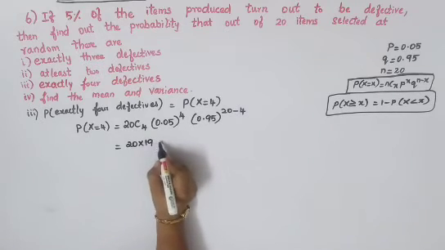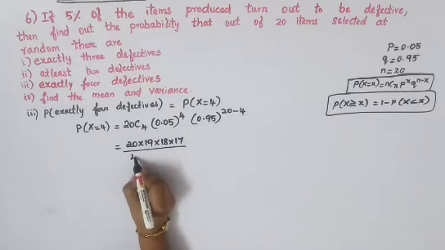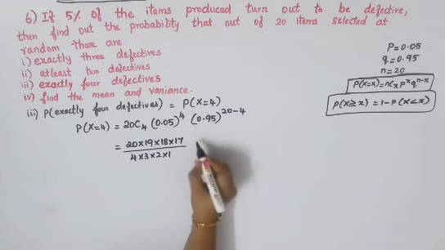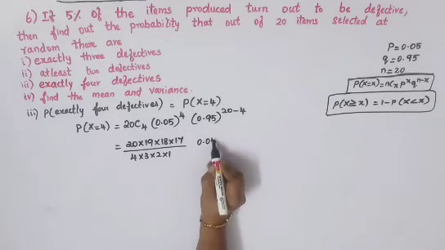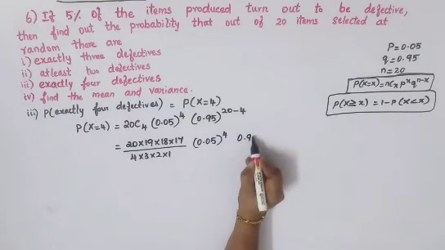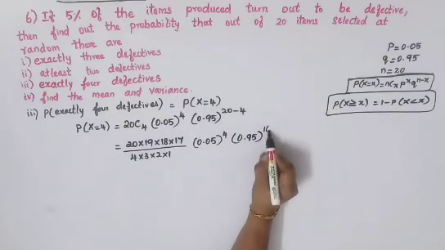Okay, 20 into 19 into 18 into 17 divided by, starting from 4, 4 into 3 into 2 into 1. So this 0.05, the whole power 4 as it is, 0.95, the whole power 20 minus 4, you'll get 16.